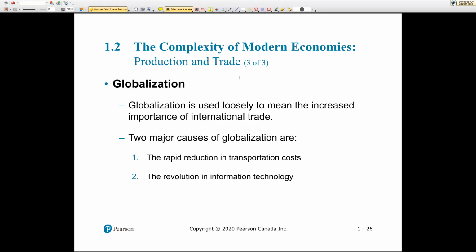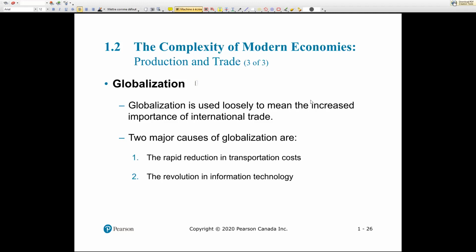Okay, globalization. Well, globalization, maybe it's not the best word. You could say it's internationalization. It's just a process by which more and more of the countries get included into the destination where you can travel and the people who get involved in world trade.